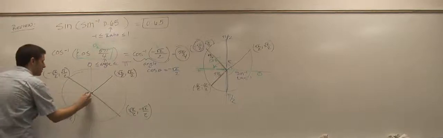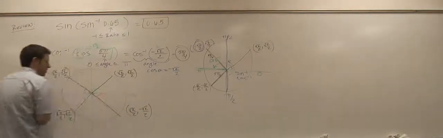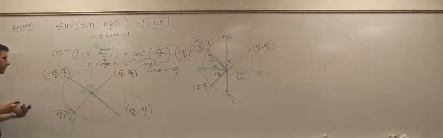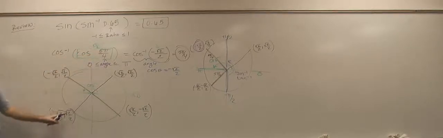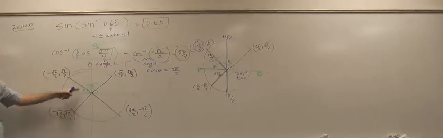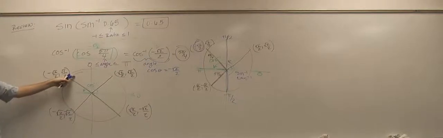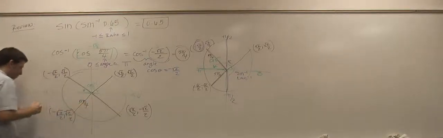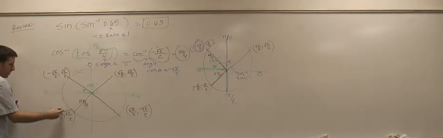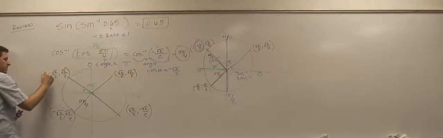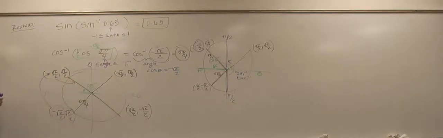This is my boundary for cosine, for cos inverse, I should say. I have to be in here. So what I put in originally was 5 pi over 4, but that was outside of my boundary. So when I apply cos and then try to do cos inverse, the cos inverse is going to push me back into its boundary. So cosine of 5 pi over 4 gives me the root 2 over 2, negative down here. This part gives me this. But then cos inverse pushes me over here in a second, where it's defined.